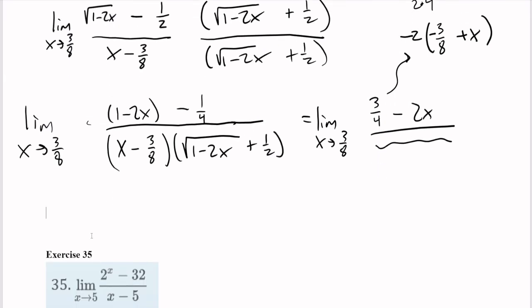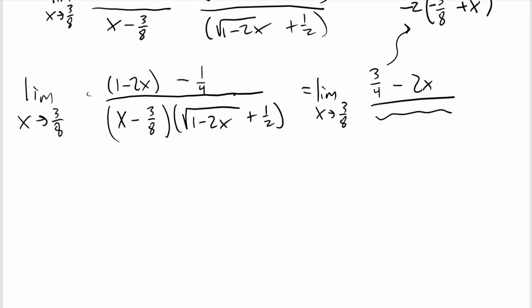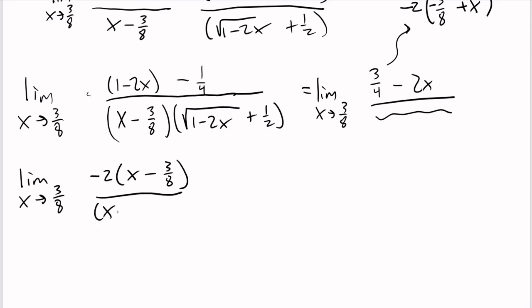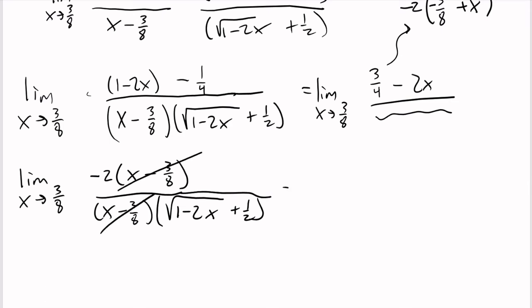So we actually end up with the limit as x approaches 3/8, okay, and then what was on top? Negative 2 times x minus 3/8 over x minus 3/8 times all this stuff, and we're looking good because cancel, cancel, and then after those have canceled, we can just plug in.